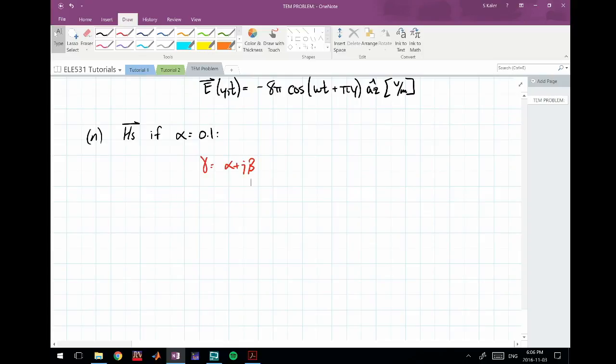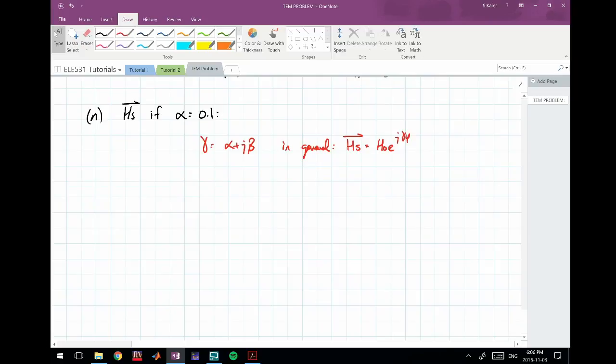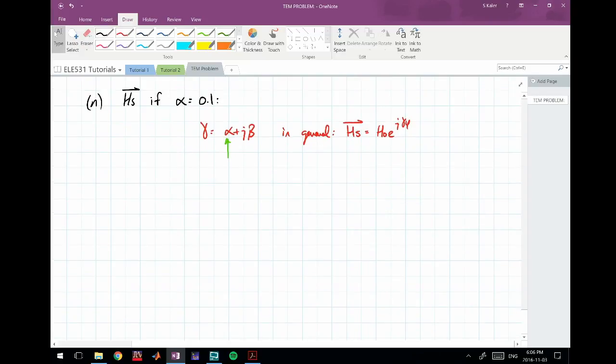And we know that in general, Hs is going to be something H naught e to the gamma y. And so if all of a sudden we introduce alpha, then in our question, gamma is going to be 0.1 plus j pi, because we know beta is already pi.